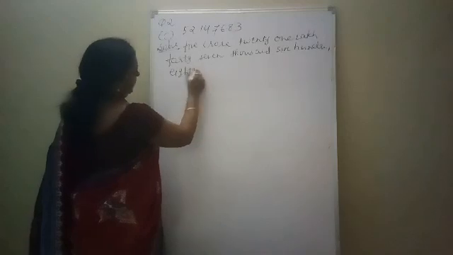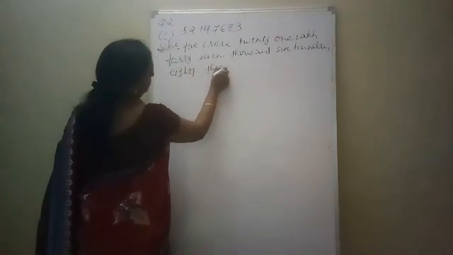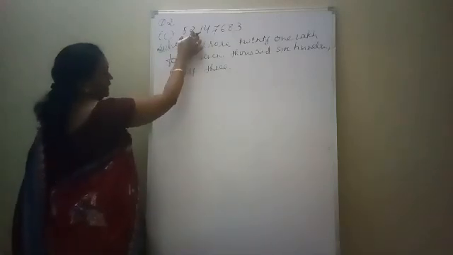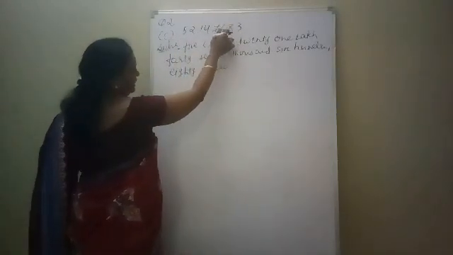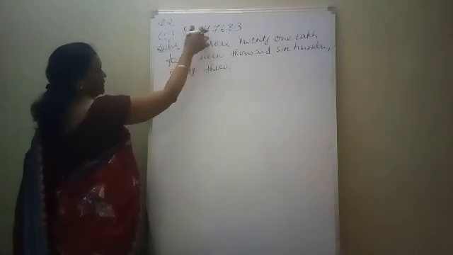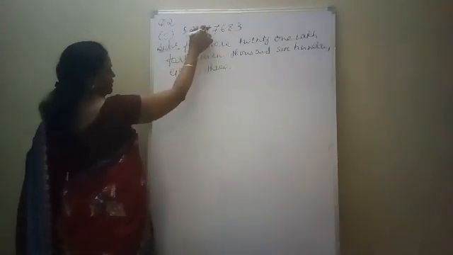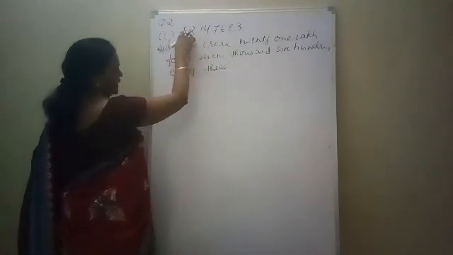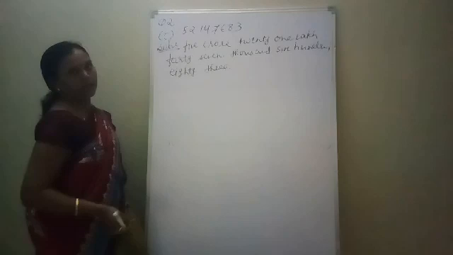When we write in the international place value chart, we write the same number. This is ones, tens, hundreds, thousands, ten thousands, hundred thousands, 1 million, and then 10 million.